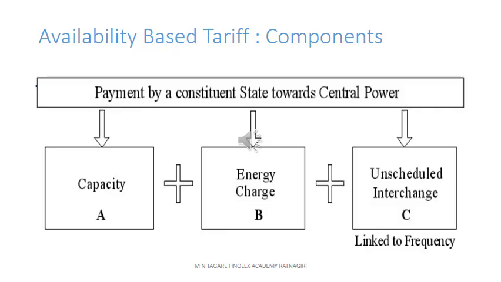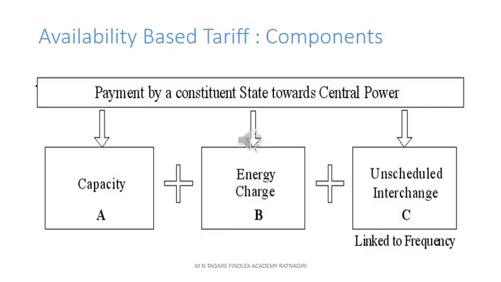But the third one, this is the basic idea behind ABT, the key in this tariff. So that means now you will understand that if the rules are written in such a way that if you generate more than the demand, you are penalized. And if you consume more than the requirement, then again you are penalized.